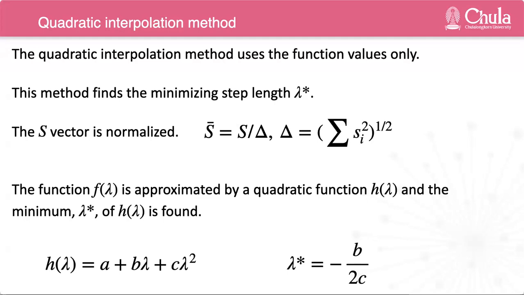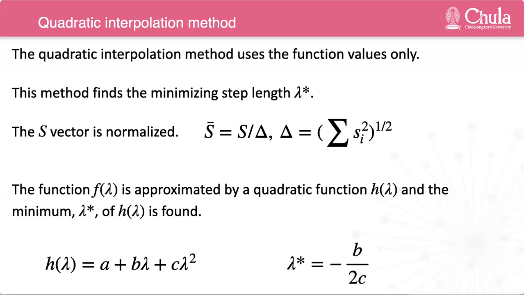Once you know that the quadratic function is only an estimate of the objective function, because we estimate the objective function as a quadratic function but our objective function is not quadratic.